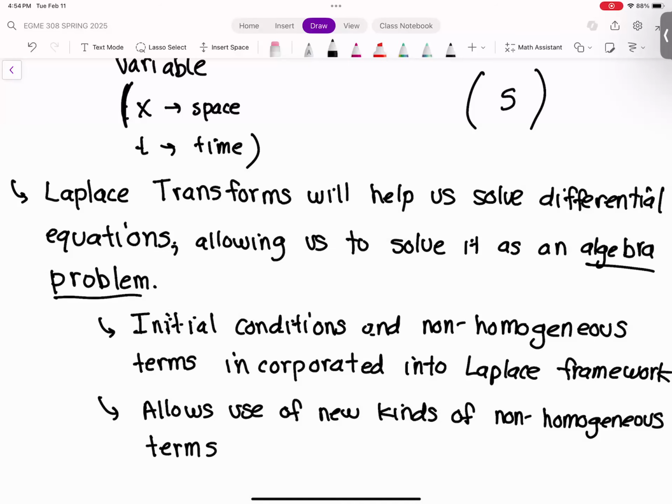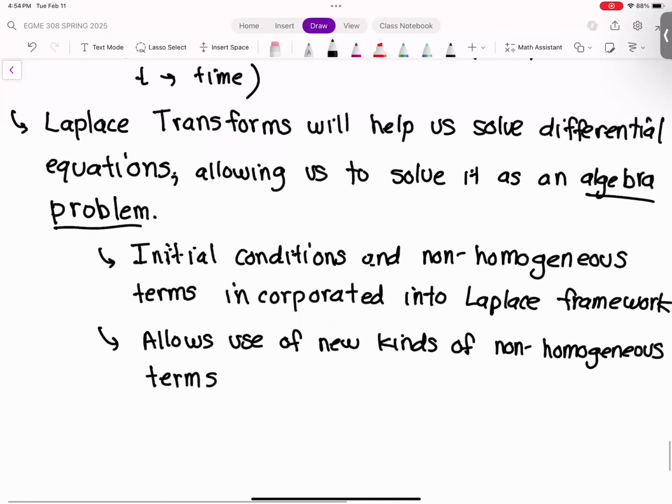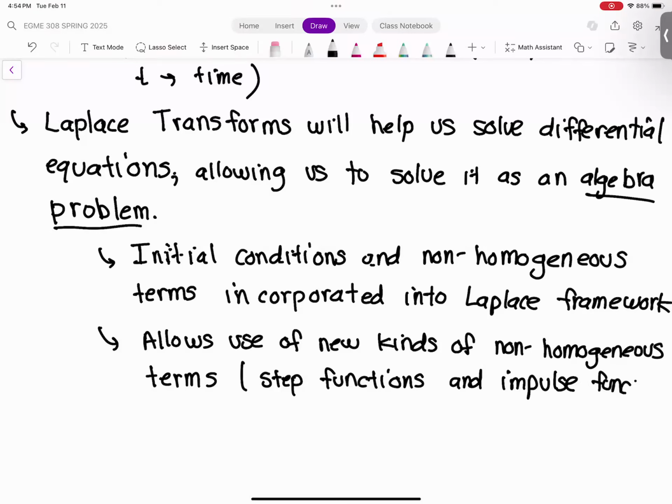Okay. And in particular, the two that we're going to be going over in this class are step functions and impulse functions. Okay. Which represent two very important classes of functions in engineering systems. Okay.